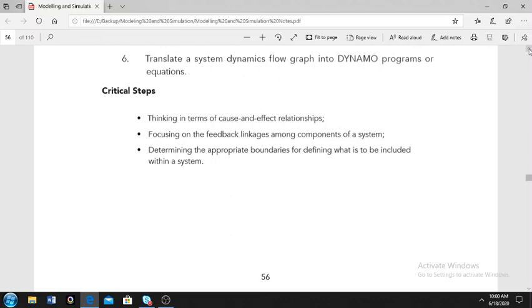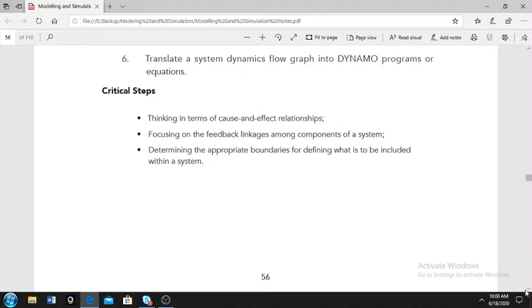This is critical: thinking in terms of cause and effect relationships, focusing on the feedback linkages among components of a system, and determining the appropriate boundaries for defining what is to be included within a system. So these are critical steps involved in system dynamics.